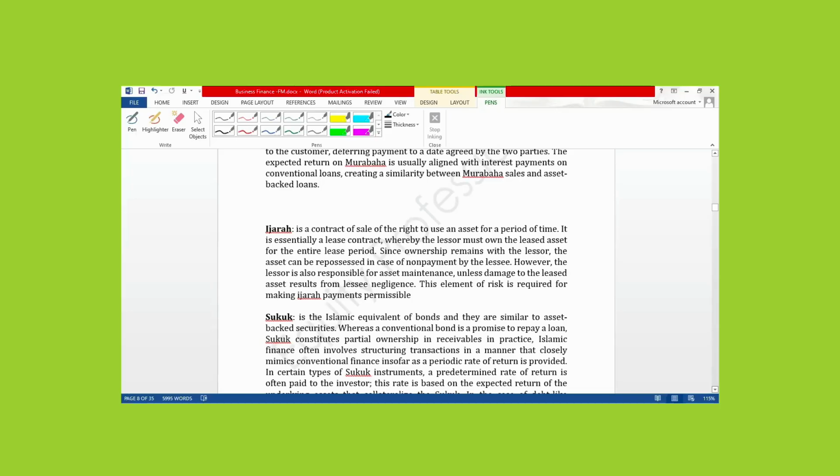A conventional bond is a promise to repay a loan at maturity. Why Sukuk bond? Sukuk constitute partial ownership in receivables.